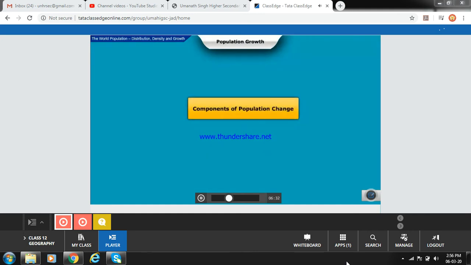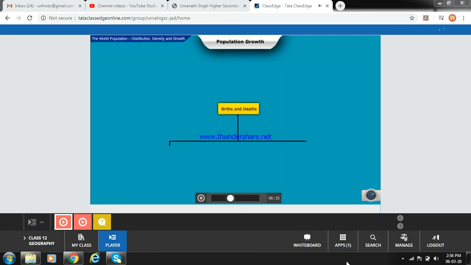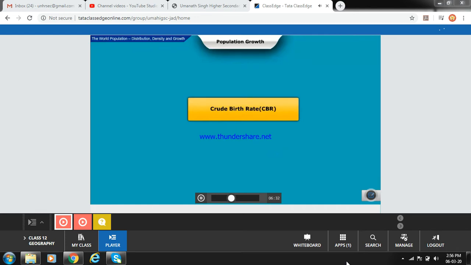Do you know what are the components of population change? The main components of population change are births, deaths, and migration. Births and deaths are measured by 2 indicators. 1. Crude birth rate. 2. Crude death rate. Crude birth rate (CBR).